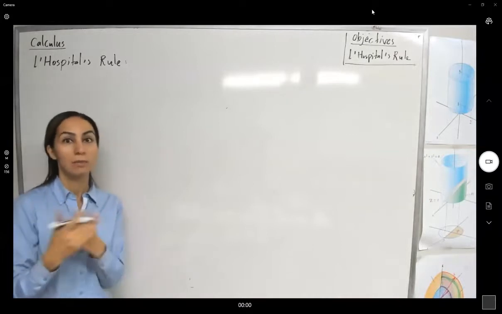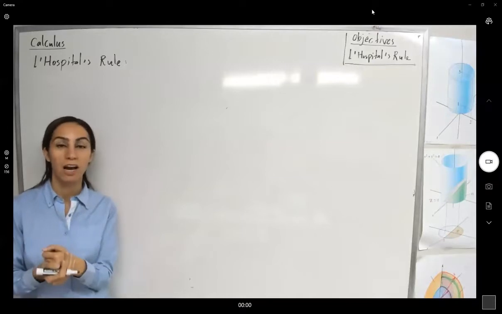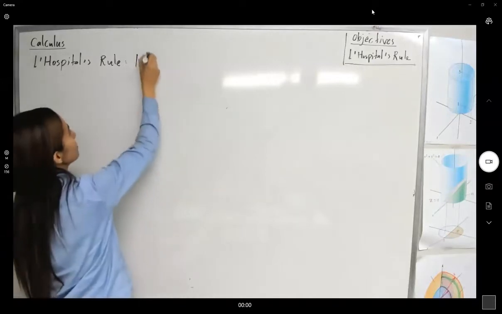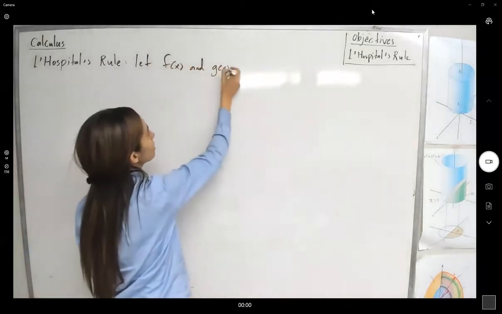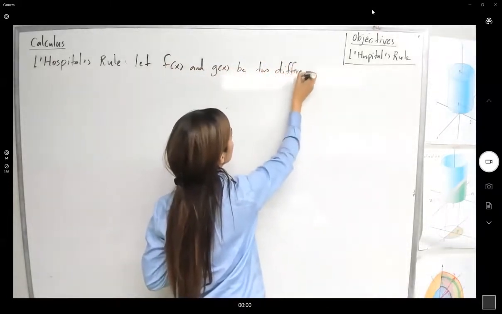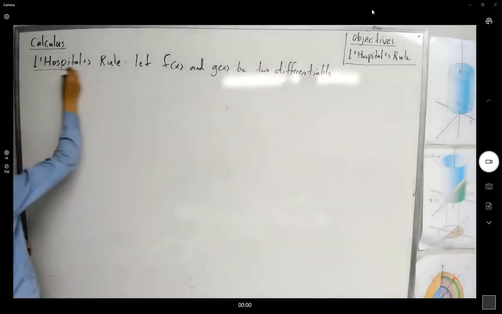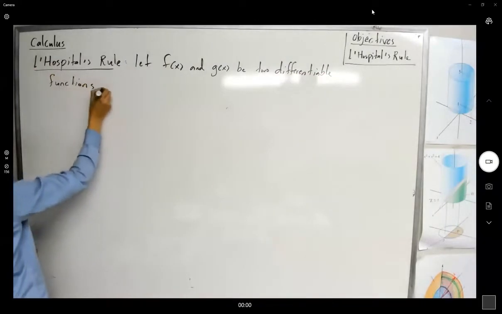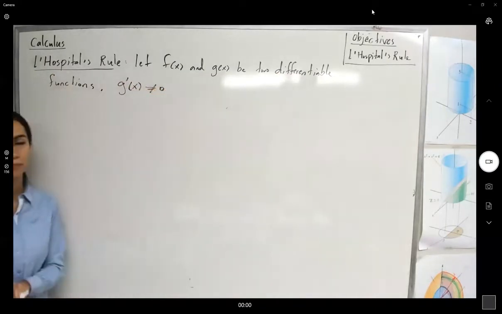It means that the limit of the direct definition that we define for the derivatives, both limits exist. Let f of x and g of x be two differentiable functions, and suppose the derivative of g is never 0.